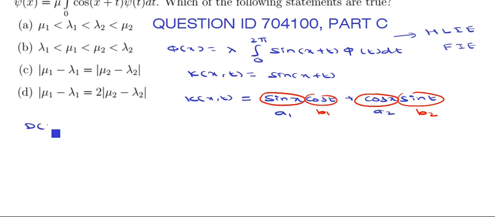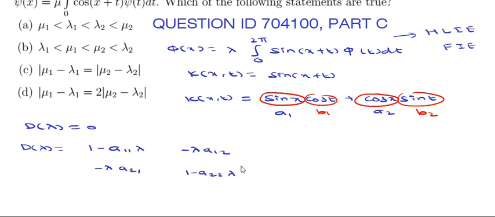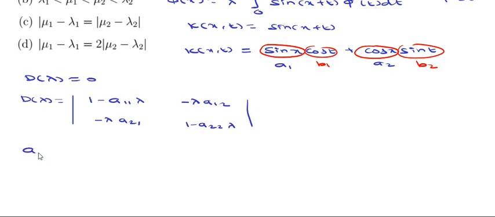The characteristic equation is given by D of lambda equal to 0, where D of lambda is the determinant: 1 minus lambda a11, minus lambda a12, minus lambda a21, 1 minus lambda a22. Here a11 is given by the general formula a_ik equals integral b_i of t a_k of t dt.